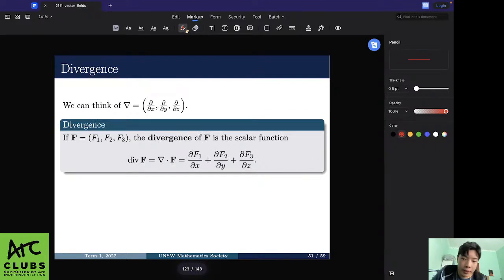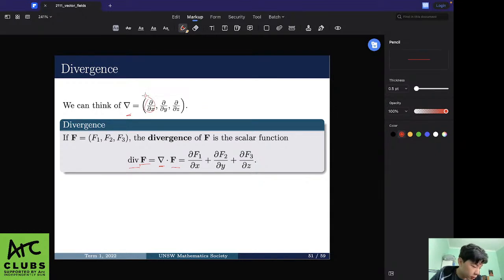So now we can go on to divergence. Divergence is denoted as div of a vector field F, and it's going to be the dot product between nabla and F. So what we might see is that it's kind of like a dot product, right?